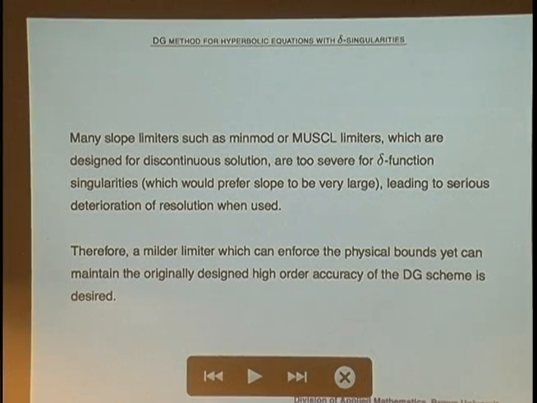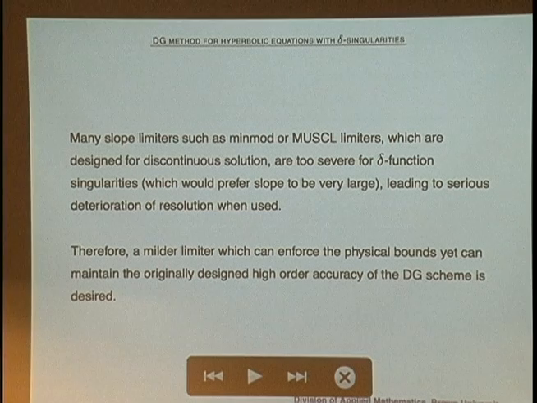So if you have overshoot, you cut it down so as to avoid oscillations. But for delta functions, if you think about the delta function, the slope is very high, right? It's almost vertical. So if you use slope limiters on it, you flatten it a lot, and the resolution of delta functions becomes severely affected if you apply the usual minmod limiter.